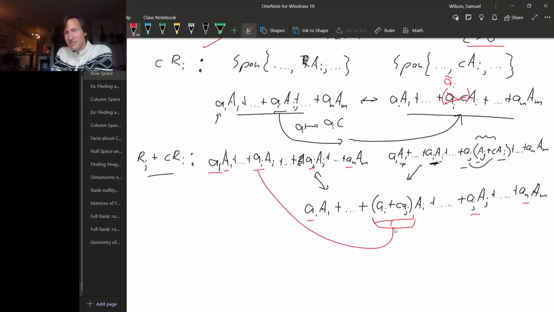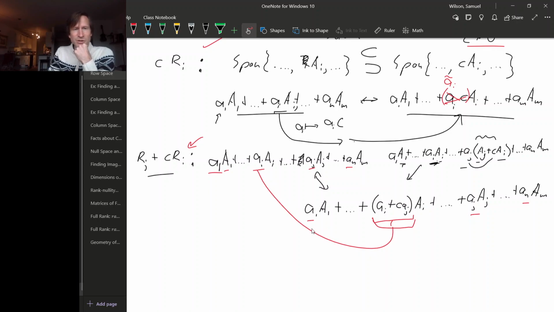So these two lists of linear combinations are still the same, and so this row operation does not change the span. For all three of these, essentially what I'm doing is showing that these spans are included in each other both ways, and that means they're actually equal.